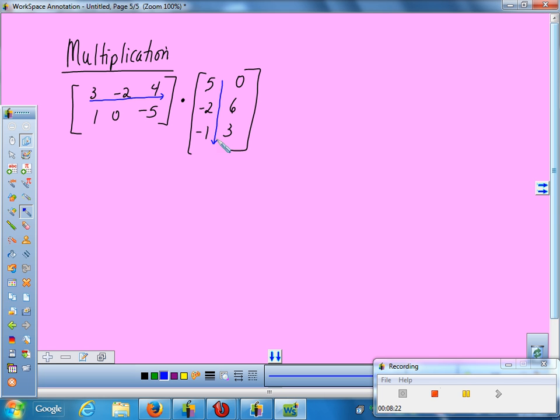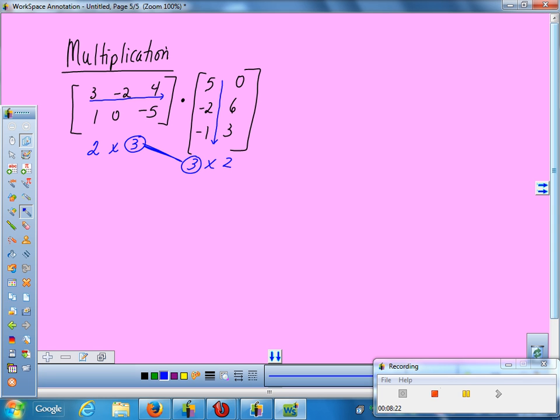So if you look at the dimensions, this one would be a 2 by 3, and that one a 3 by 2. It's these middle 2 numbers that have to be the same. If the middle 2 dimensions are the same, it'll work. If they are not the same, it won't work.